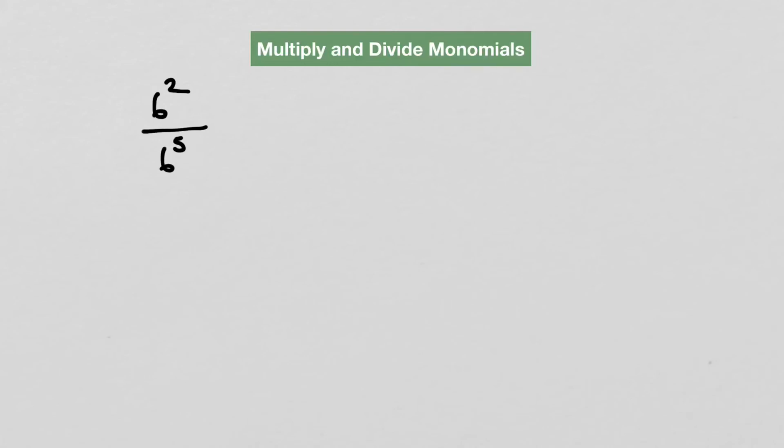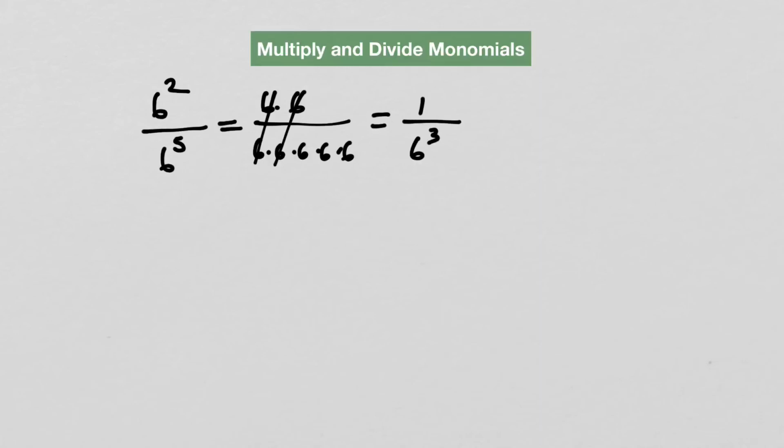We can still solve this problem, right? Because this is the same as 6 times 6 over 6 times 6 times 6 times 6 times 6. Okay, so now you cancel this out and you cancel this out, and you're left with 1 over 6 to the 3rd power.